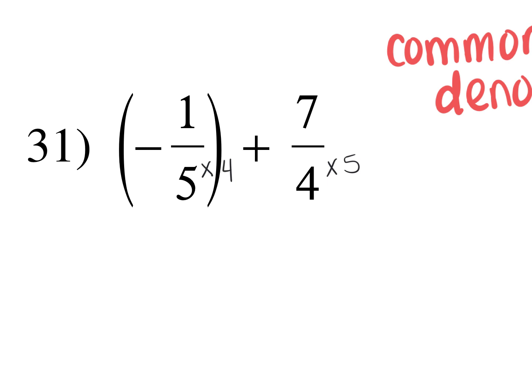Now, part of multiplying your fractions, you have to multiply the same thing by the numerator, okay? So if I'm going to take this 5 and multiply it by 4, I have to take this 1 and also multiply it by 4. And if I take this 4 and multiply it by 5, I have to take this 7 and also multiply it by 5. Because this is technically saying that we're multiplying by 5 over 5, which is just 1.